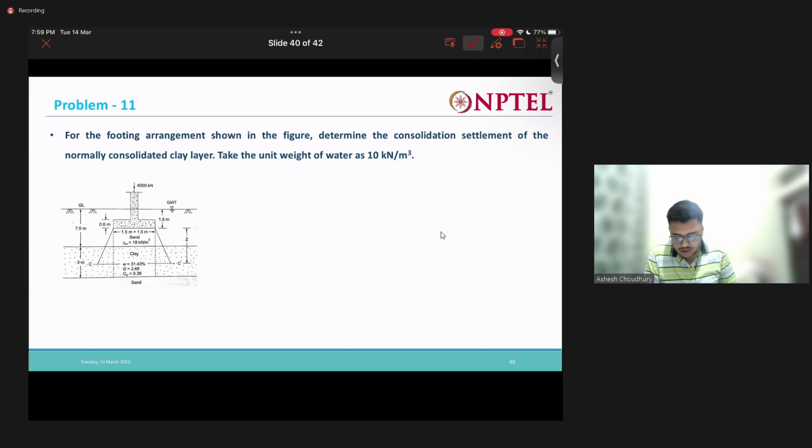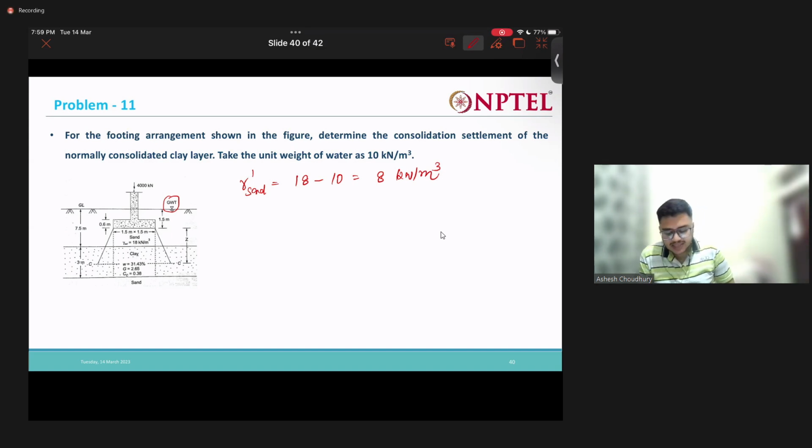The groundwater table is here, so the total soil is submerged. So what will be the submerged unit weight of sand? 18 minus 10, 8 kilonewton per meter cube, right?